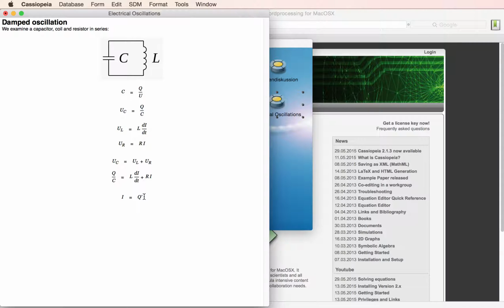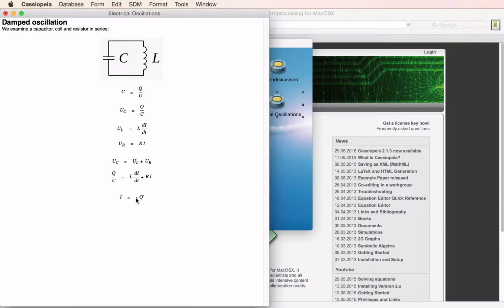But in this case, we have a positive charge on this cap and current going into this direction, which leads to a decrease of charge on the cap. So we have to put a minus here if we define all the physical properties as described.